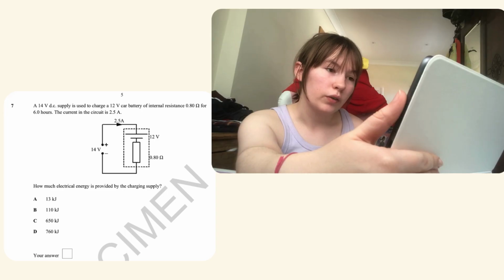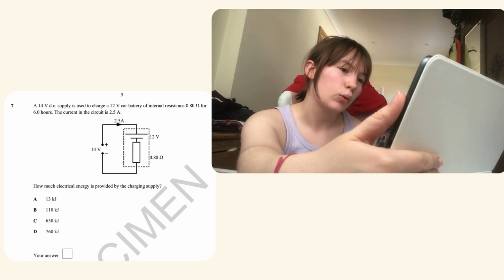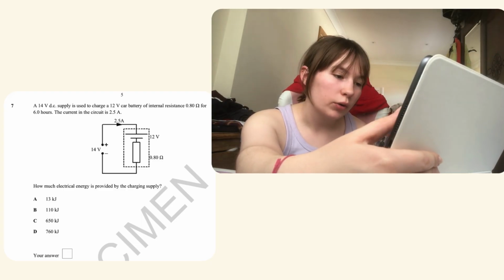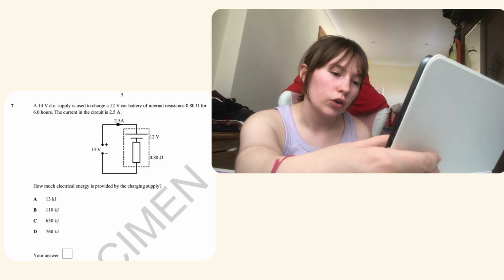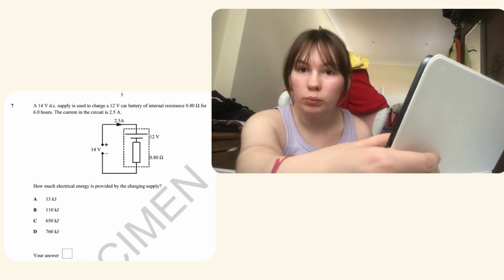A 14 volt DC supply is used to charge a car battery of 12 volts and a cell is charged at 2.5 amps for 6 hours. How much energy will it be provided?